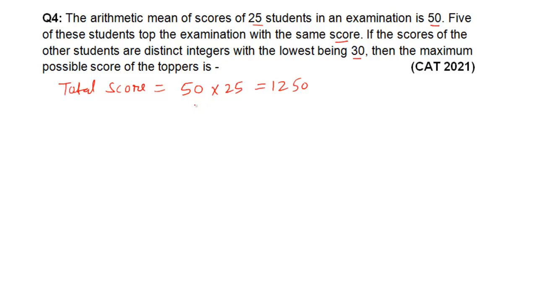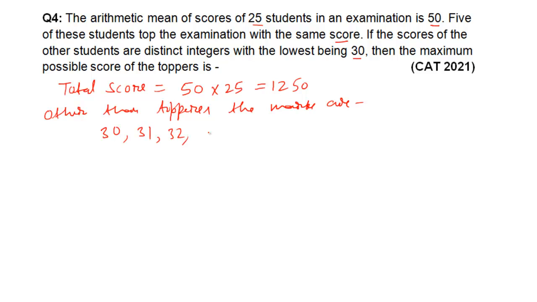So that means 20 are remaining, and the lowest of these 20 starts with 30. So I am writing here, other than toppers, the marks are starting with 30. So 30, 31, 32, and it will go till 49, right?